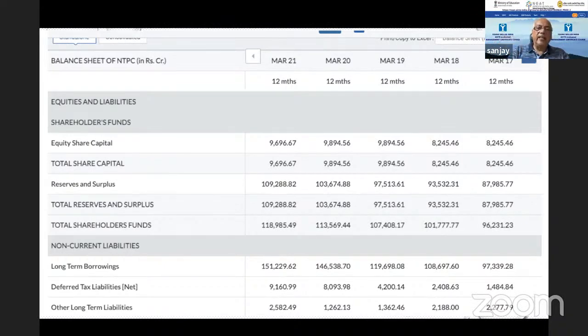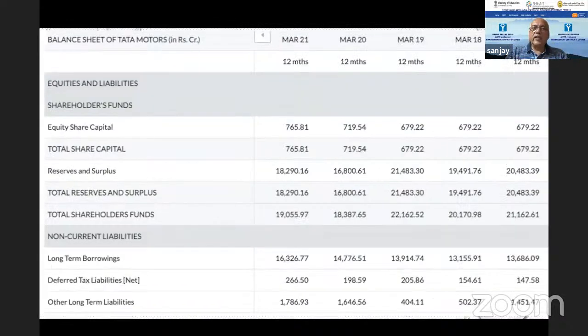Out of that, what is the proportion of the equity? It is 43.7%. So let's say 44% is equity, 56% is debt. So remember we said capital structure is all about the proportion of equity and debt. So what is the proportion of equity for NTPC? It is 44%. What is the proportion of debt? It is 56%. So this is a broad idea of capital structure.